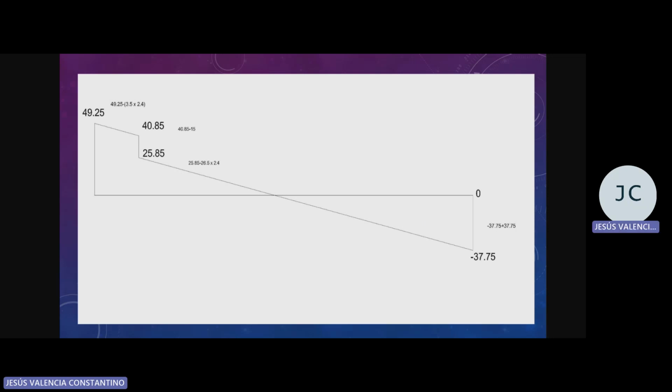This gives a value of 8.4. Subtracting this from 49.25 leaves a value of 40.85, which decreases with an incline due to the distributed load.